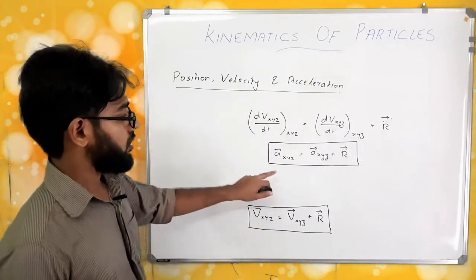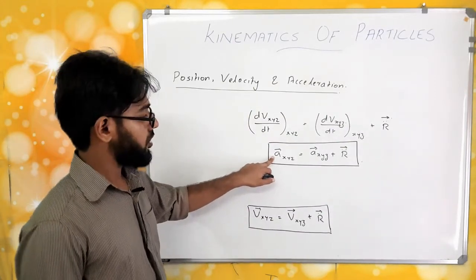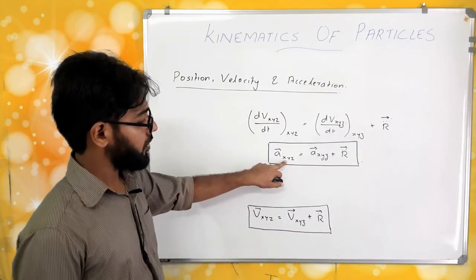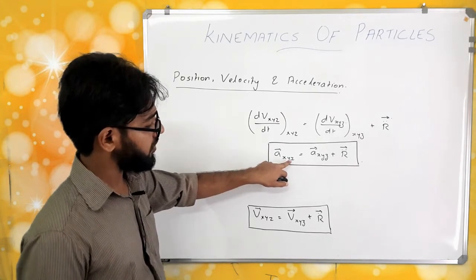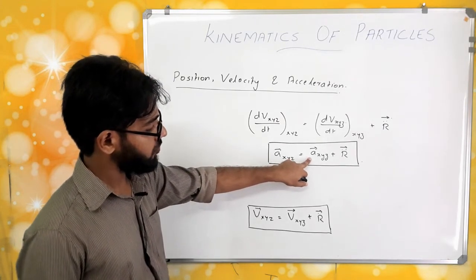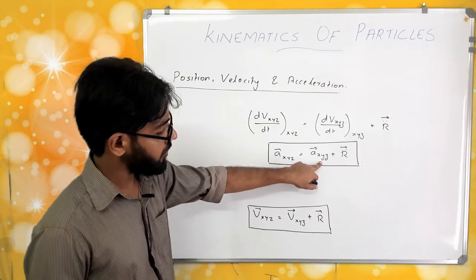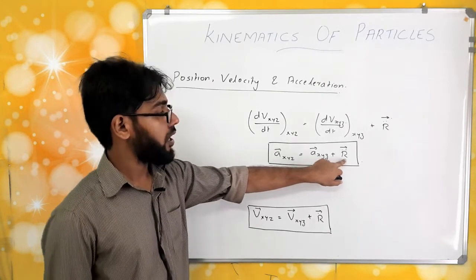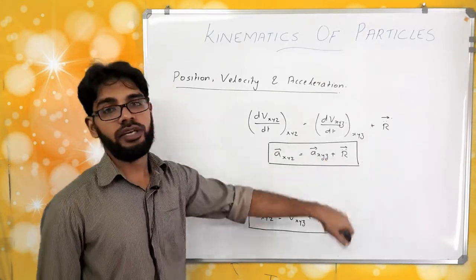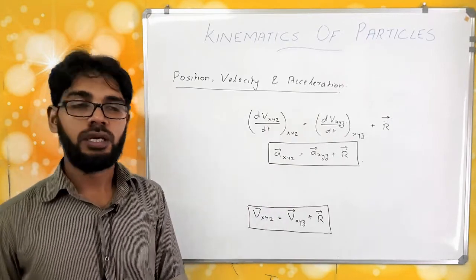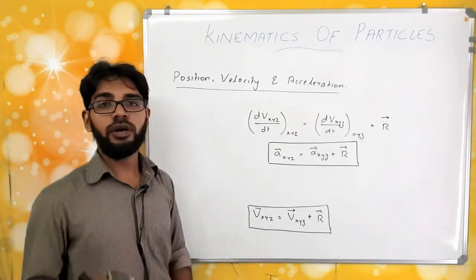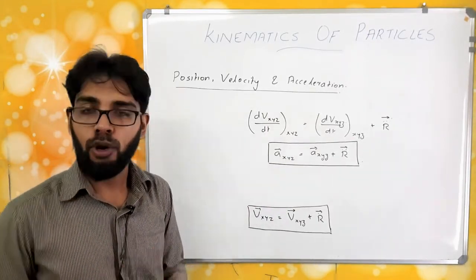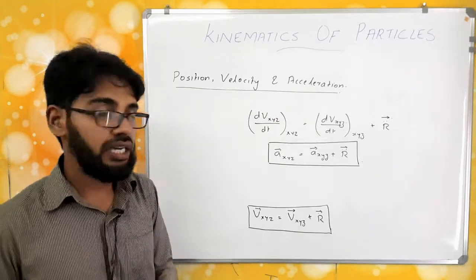Now, the acceleration with respect to the fixed reference frame capital XYZ is equal to acceleration with respect to the translating reference frame small xyz plus capital R double dot vector. Now, this corresponding concept can be employed in the study of relative motion.